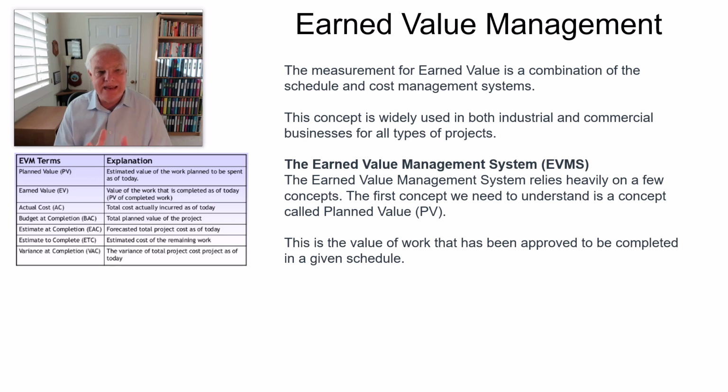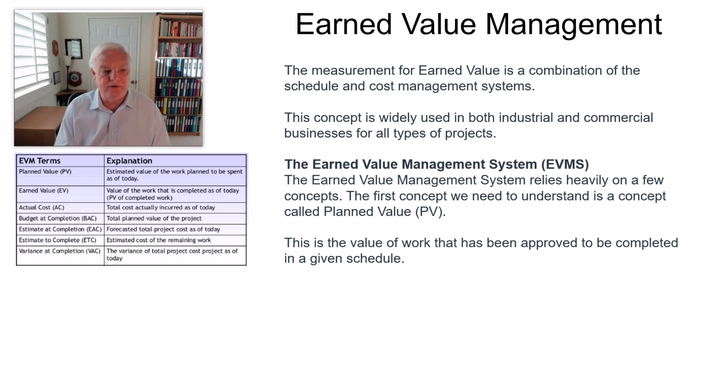That's your planned value. And off to the side, you'll see that we have a variety of terms. It's going to seem like acronym soup as we continue moving forward, but you have PV for planned value, EV is earned value, AC is actual cost, BAC is budget at completion, and estimate at completion is EAC.